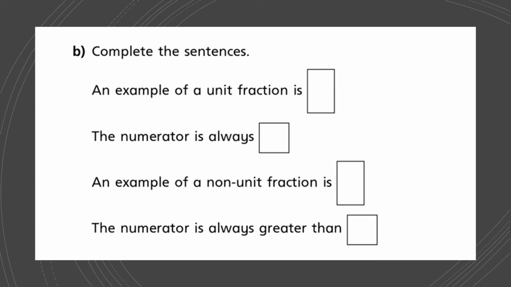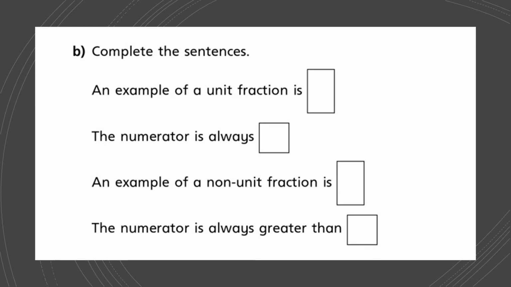Okay, an example of a unit fraction is, remember, a unit fraction is a fraction that is one part of a whole. So it would be 1/4, 1/3, 1/5, 1/6, and the numerator, which is the top number, is always what?